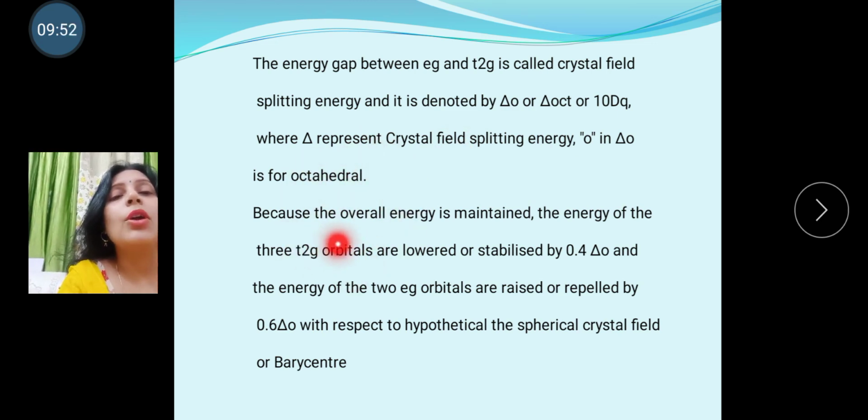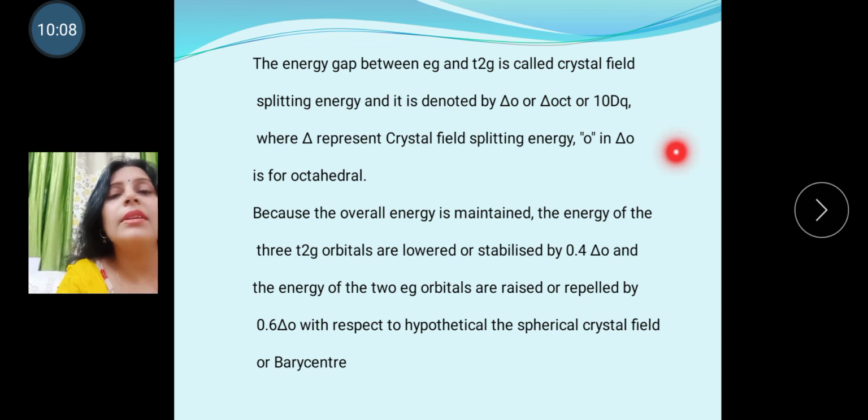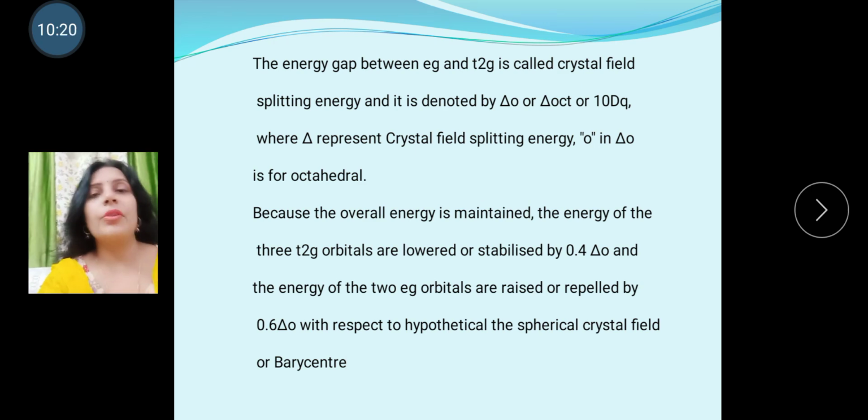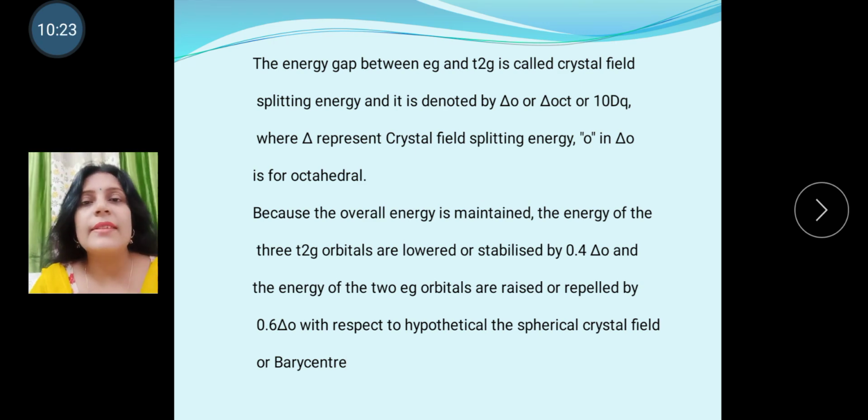Because the overall energy is maintained, the energy of the three T2g orbitals is lowered or stabilized by 0.4 delta O, and the energy of the two eg orbitals is raised or repelled by 0.6 delta O with respect to the hypothetical spherical crystal field, or we can say with respect to the barycenter. So this is how crystal field splitting takes place in octahedral complexes.